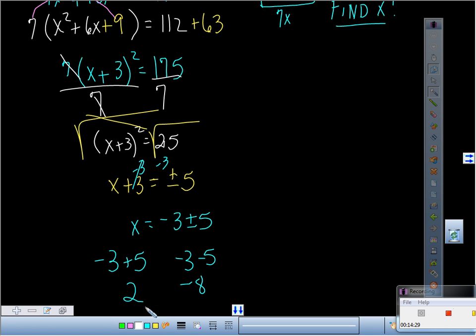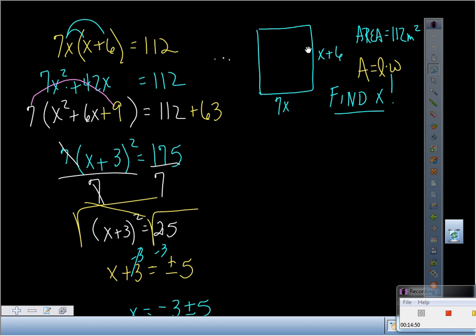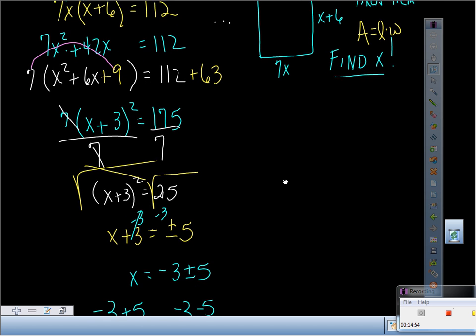What is that? No, it's x equals negative 3, x equals negative 8. What does this x have to do with? Oh, that is zeros. What does it have to do with? Oh. Length and width.